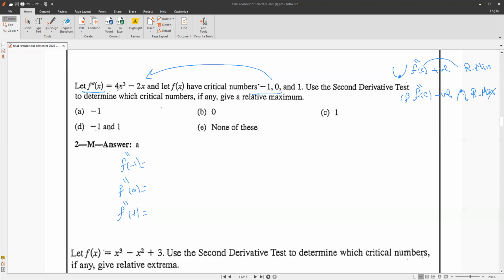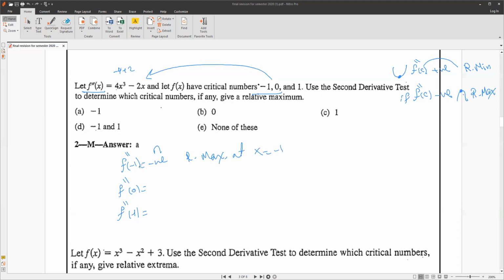If we replace by negative 1 here, negative 4 plus 2, it will be negative. Negative, so this function is concave downward. So we have a relative maximum at x equals negative 1.